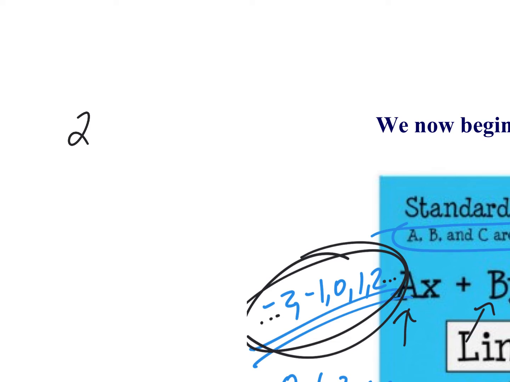So here's one. Tell me why this is not in standard form. Well, because A, B, and C aren't integers. Now, some kids will say, okay, so just change the 3/5 to a different number. No, I want you to use the same numbers here, but keep the same ratios.